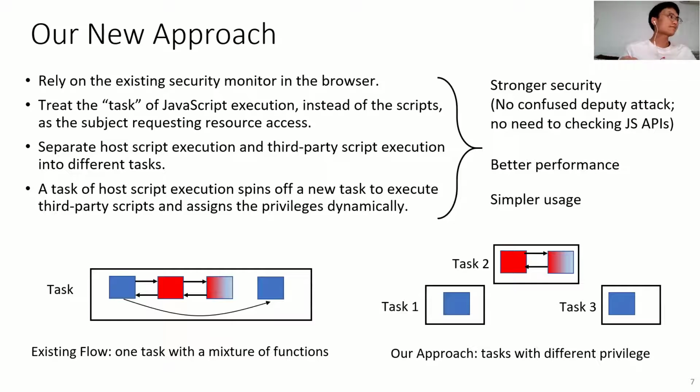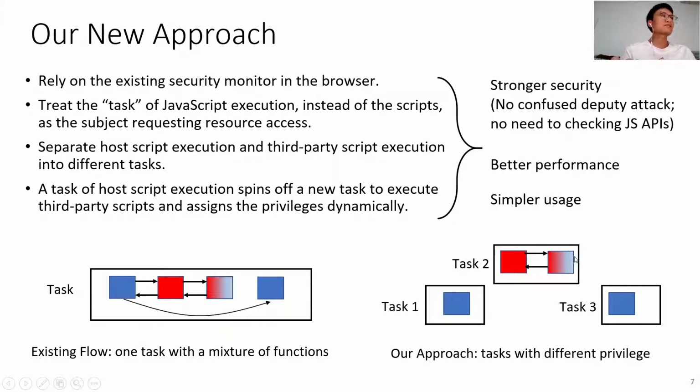This figure here is an example of the tasks. The blue square is the web page host script, and the red one is the third-party script's functions. The host script may invoke functions from the third-party scripts, read the result, and do some remaining work. Currently, all these functions belong to the same task, but in our approach, this execution flow is split into three tasks.